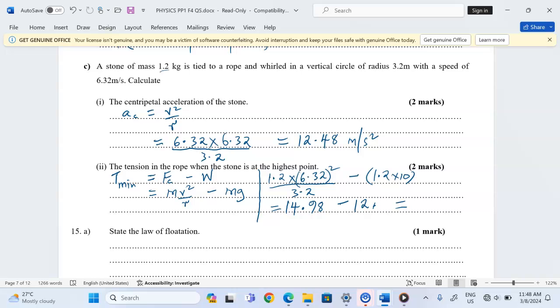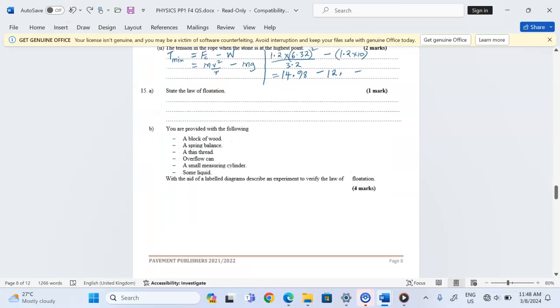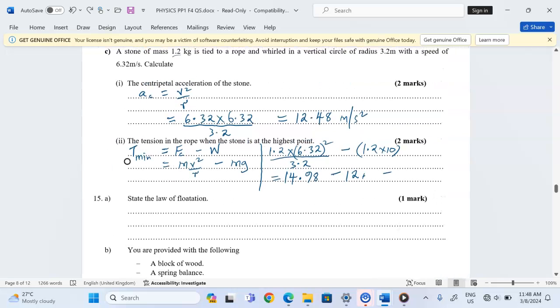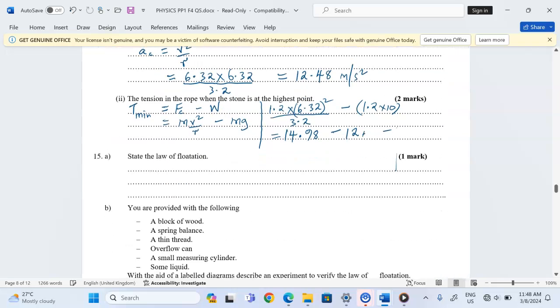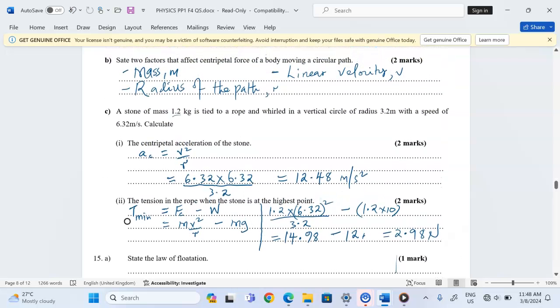When we subtract 12, we're going to get 2.98 newtons. So the tension is 2.98 newtons.